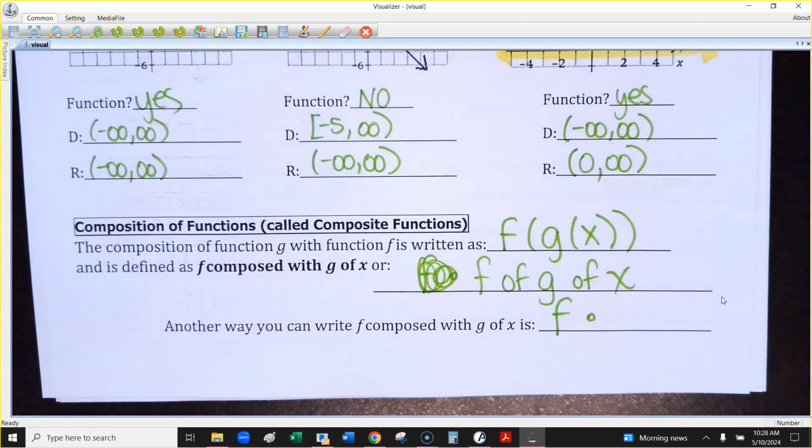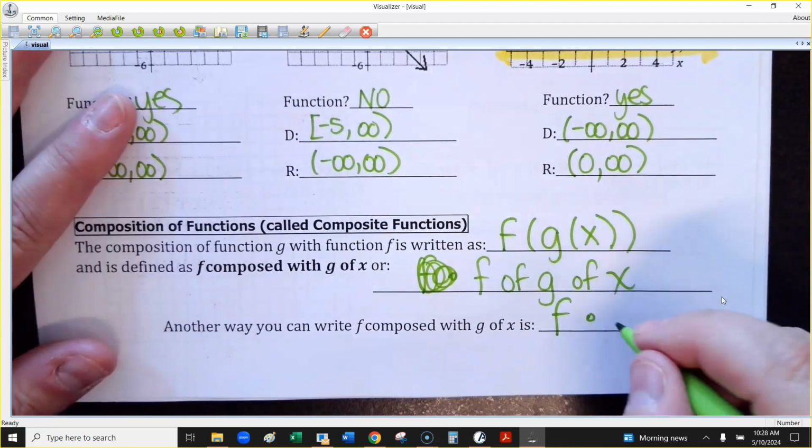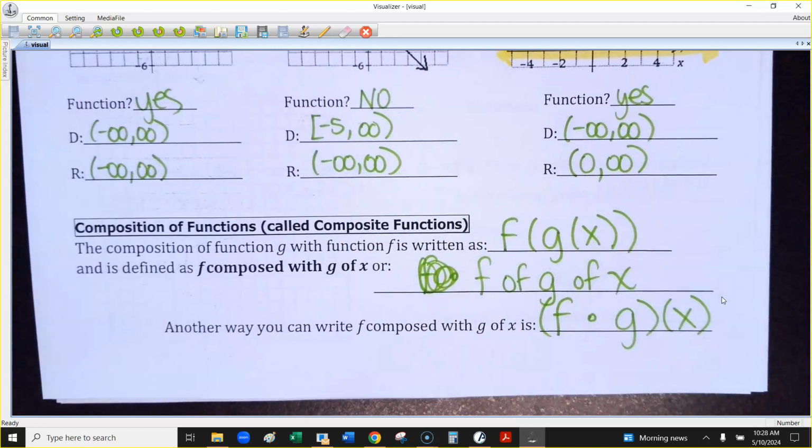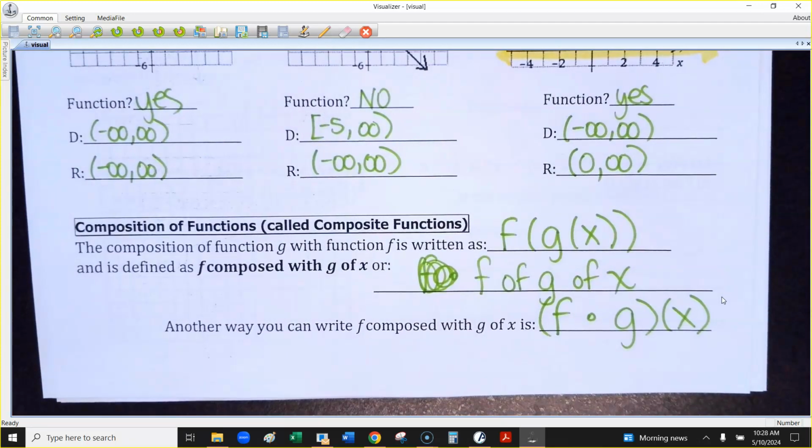It almost looks like a multiplication symbol, but it is actually an open circle, then g. These two would be in parentheses, and then the x would follow. So that's f composed with g of x, or f of g of x is usually how I read it. And we're going to work on how that works out algebraically on the back with some actual examples.